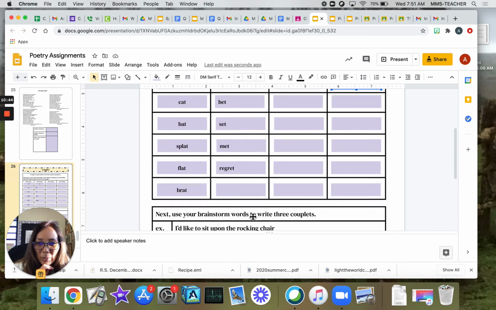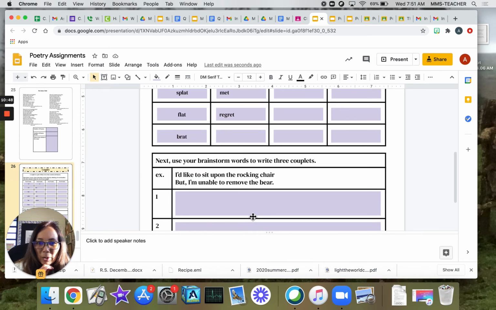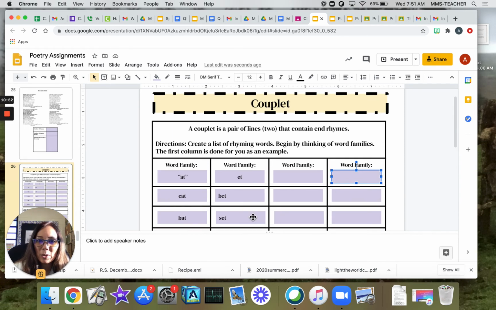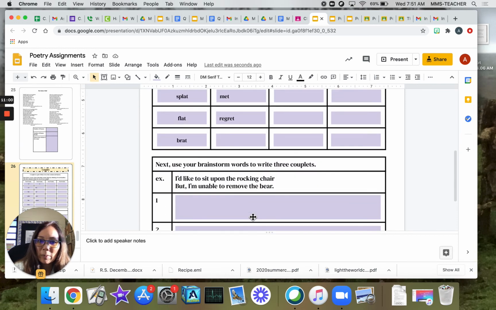Okay, so then it says next, use your brainstorm words to write 3 couplets. Remember, a couplet is a pair of 2 lines that contain end rhymes. So here's an example. This is a couplet because it contains 2 lines and it contains end rhymes.